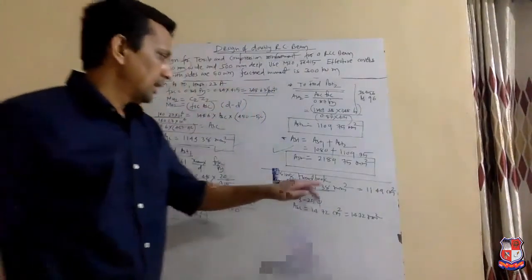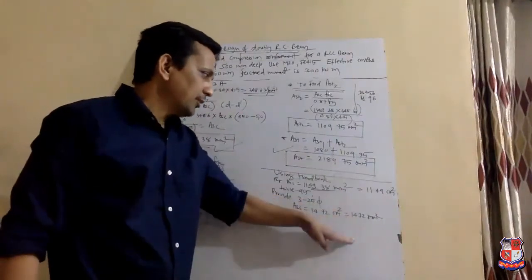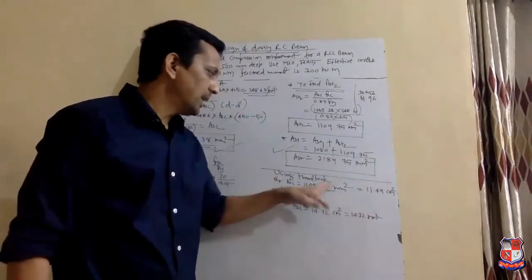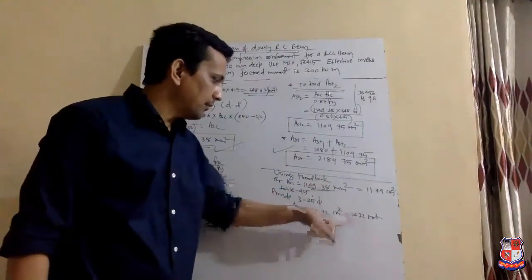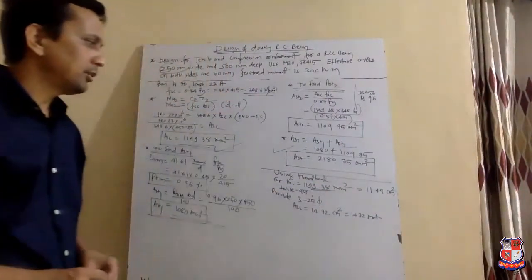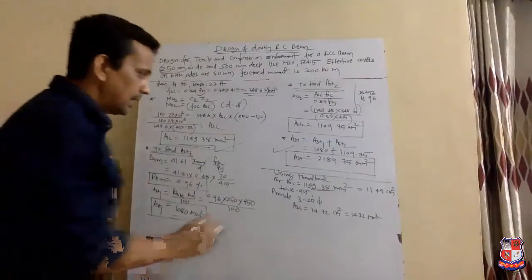See, area required was 1149 mm square, but what we have provided is 1472 mm square.